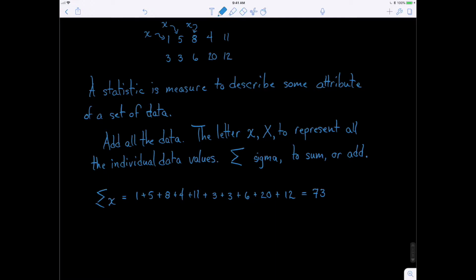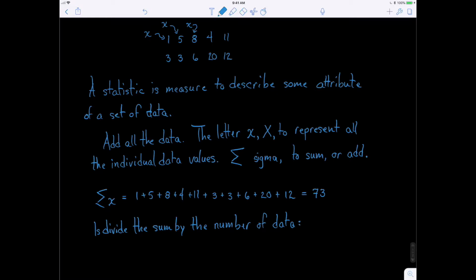But that's not the mean. So the next step is divide the sum by the number of data. Let's take a look.